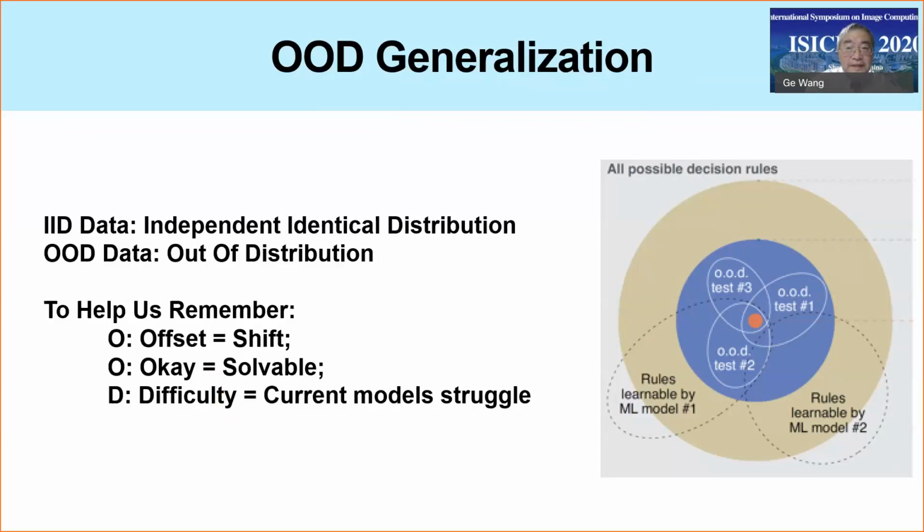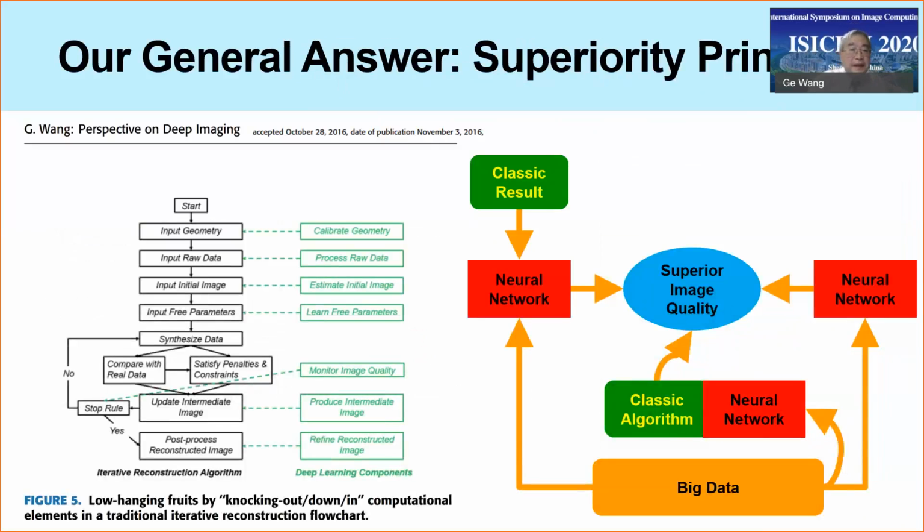So this will help us understand how we can make sure the network will perform well. But what about the instability issue? If you have all the OOD testing data, will you remove the instability problems I just mentioned, pointed out by the PNAS paper? We have a general answer. In the perspective on deep imaging paper, figure 5, we say deep learning methods can be used in combination with traditional iterative algorithms in many ways.